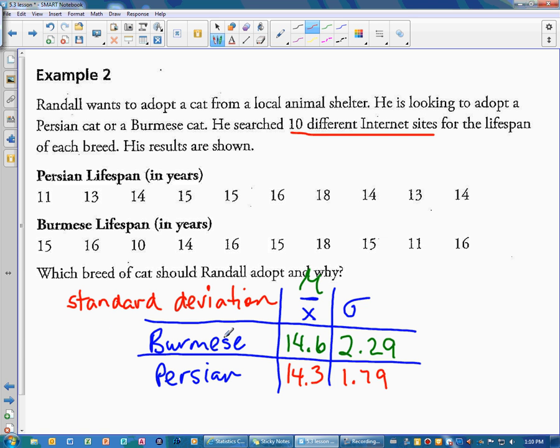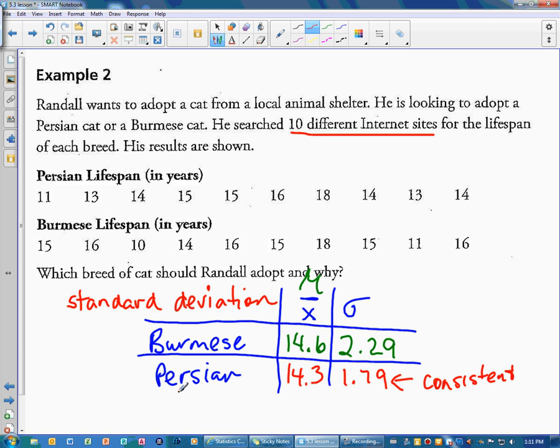So it looks like we should buy a Burmese because they live on average 0.3 of a year longer, but the standard deviation is quite a bit higher. So this lower standard deviation implies that it's consistent, more consistent anyway. This lower standard deviation means that this average is more consistent than this average.